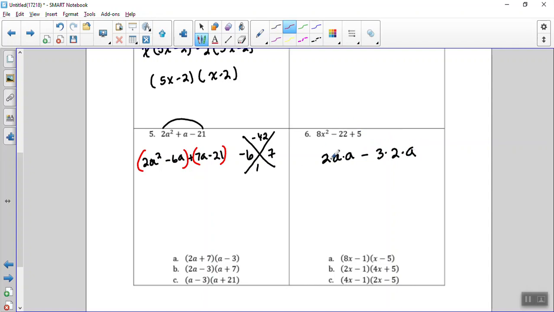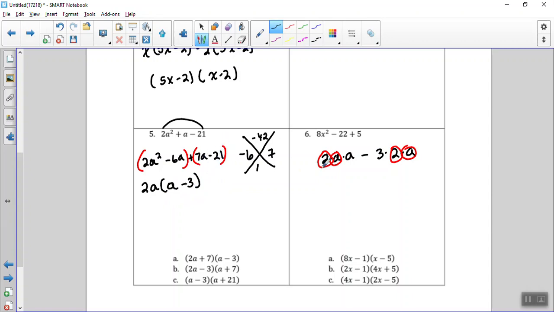The reason I like doing this is because now I can circle the common factors. I have a 2 here, I have a 2 here, I have an a here, and then I have an a here. So that's my common factors, 2a. And then what do I have left? I have a here left, minus, and what do I have left here? Minus 3. Okay, that's how you can do factoring.